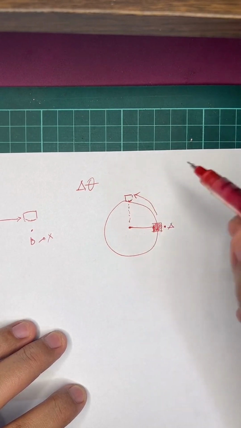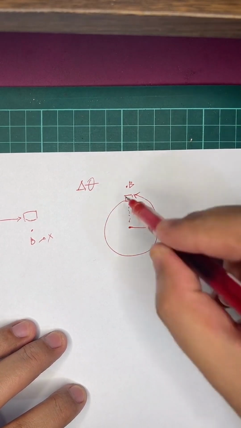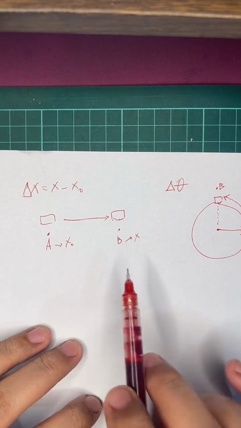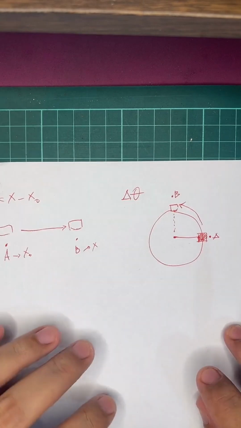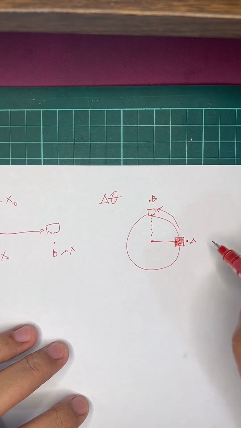point B. What we have here are two different positions, just similar to linear, right? One is the ending point and one is the starting point. We call position A, the starting point, theta naught.